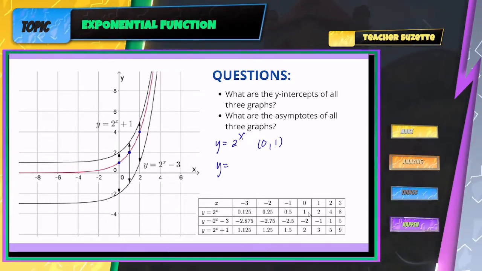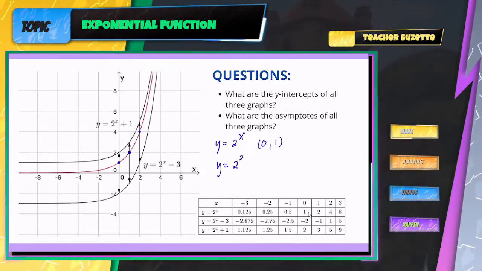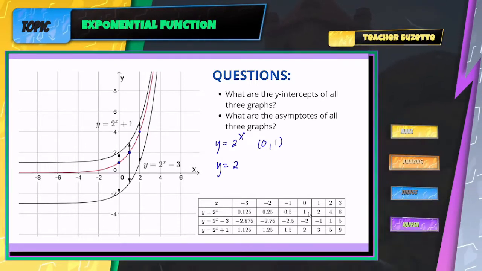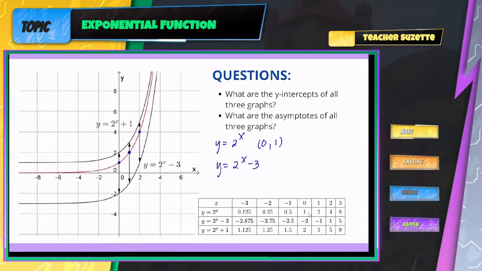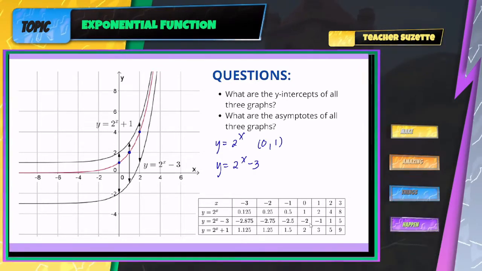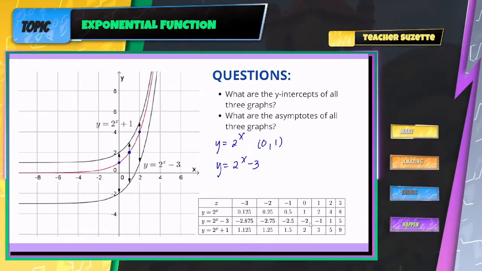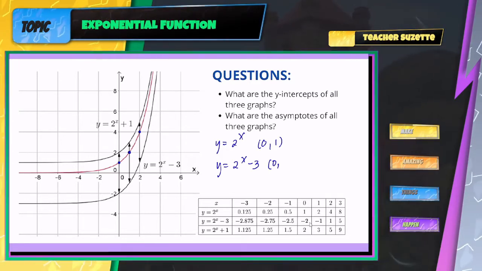Next, for the graph of y is equal to 2 raised to x minus 3, when our x is 0, we have negative 2 as our y-intercept. So that is (0, negative 2).